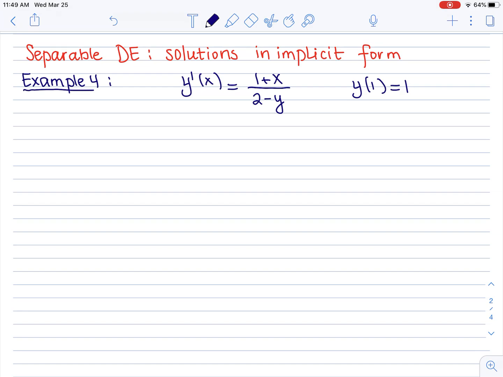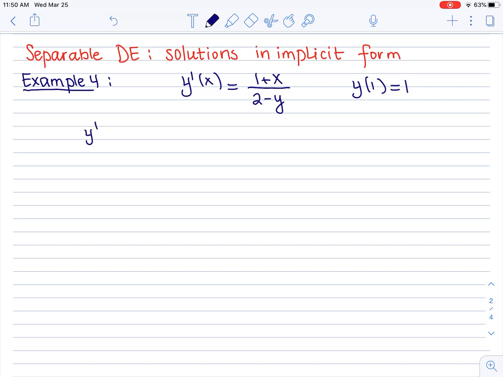We have y prime is equal to the rational expression 1 plus x over 2 minus y, and we have initial condition of y of 1 is equal to 1. So we're going to solve this equation by using the method described in the previous video. So what do we have?